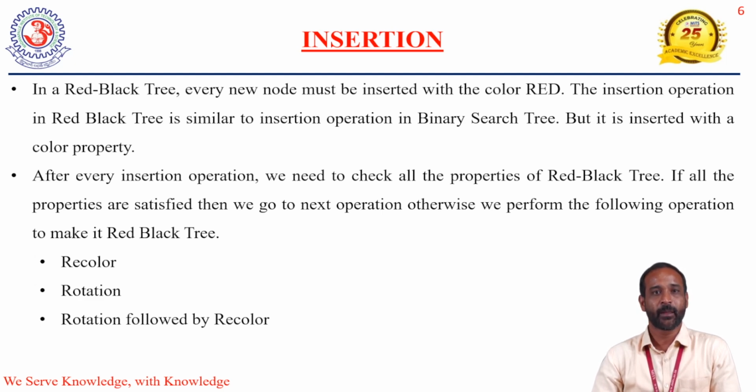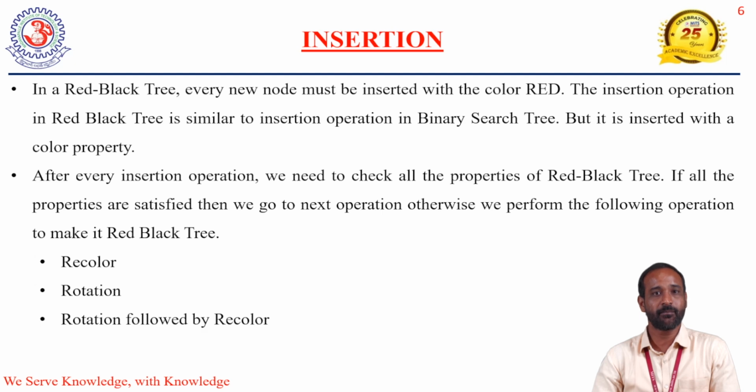After every insertion operation, we need to check all the properties of red black trees that you need to remember. If all the properties are satisfied, then we go to the next operation. Otherwise, we perform the following operations to make it a red black tree, because a red black tree is a balanced binary search tree. Here we are balancing this tree with the help of color code.